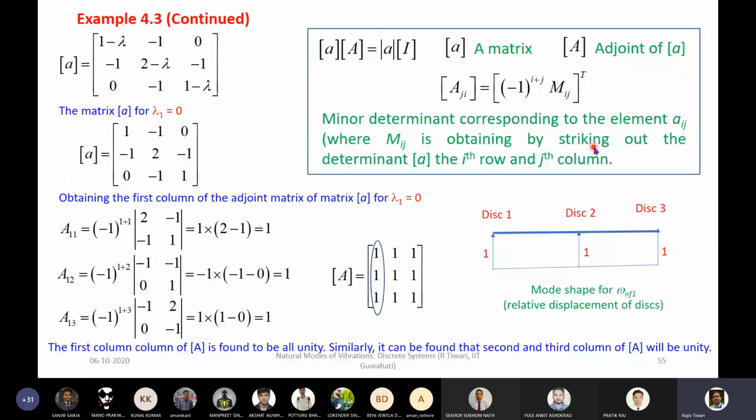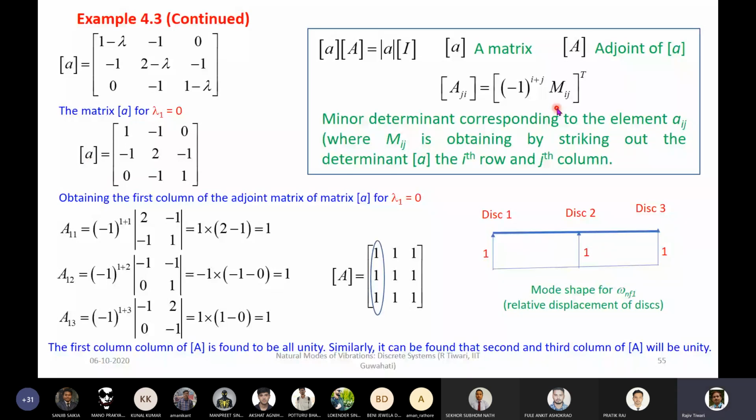So for lambda 1 is equal to 0, if you put it here, I'll get the A matrix. So this is the A matrix. Now the adjoint of this I need to find out. And we already saw that the adjoint of the matrix small a will give us a column proportional to the eigenvector. So the adjoint of the matrix is defined like this.